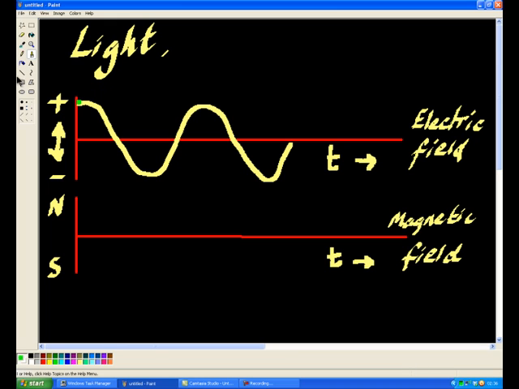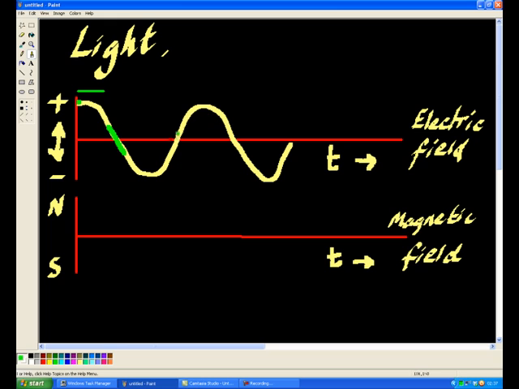Let me draw a better line. The line is level, isn't it? Because the line is level, there's no change in electric charge. Whereas around this region here, this is where there is maximum change in electric charge.